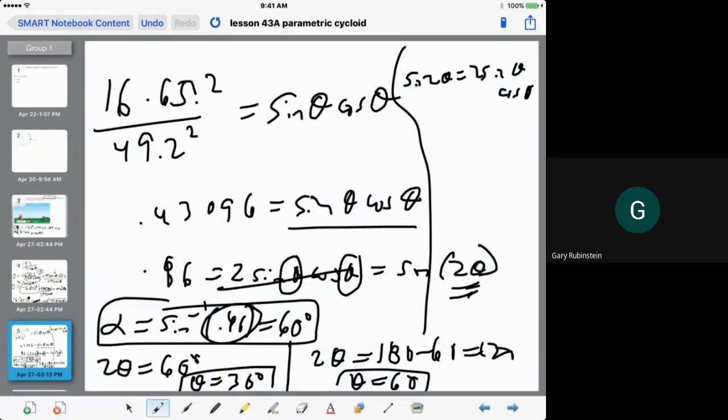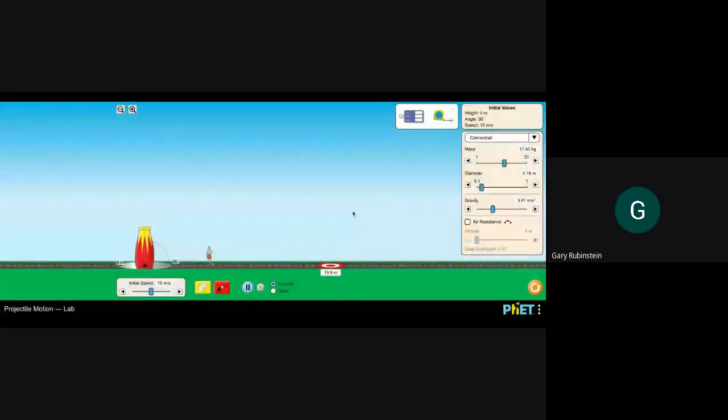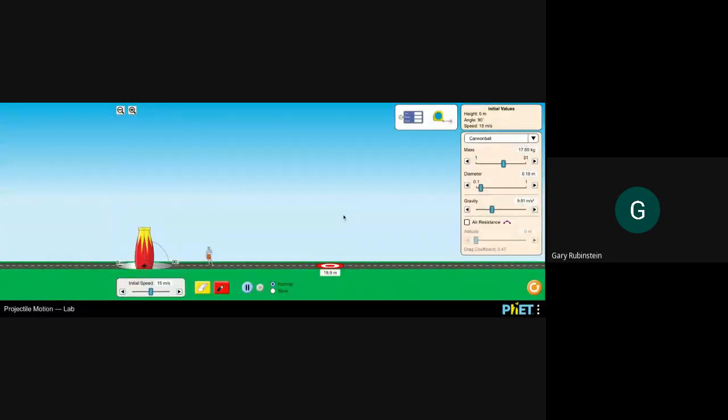and I'm going to show you that it works by bringing back the actual simulator. Okay, so here's the simulator all set. It's set perfectly.